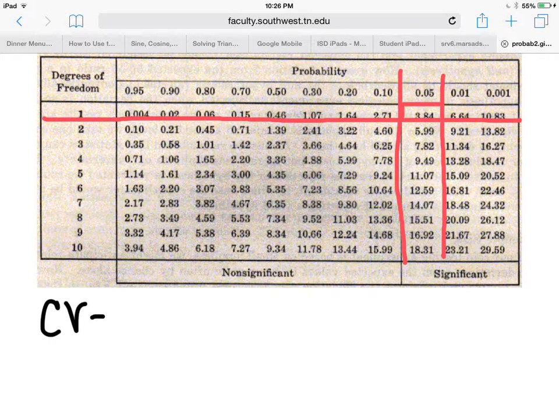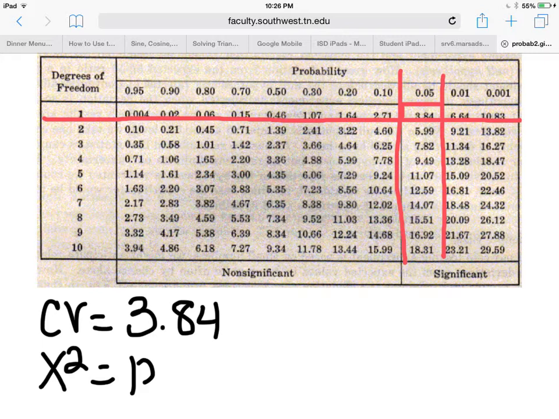Okay, so let's see. CV, critical value, is going to be equal to 3.84. We came up with a chi-squared value of 12.32. So we are comparing to see if this chi-square value is higher or bigger or greater than our critical value of 3.84.